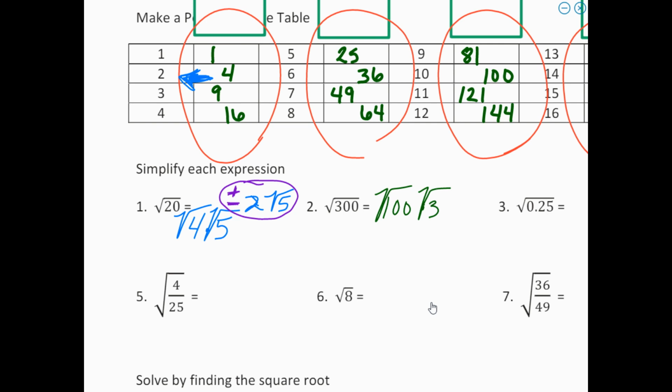So if I take the square root of both of those, which one can I simplify? 100. So what's the square root of 100? 10. So it's 10 times the square root of 3. The square root of 3 can't simplify. It's not a perfect square, so we're going to leave it underneath the radical.